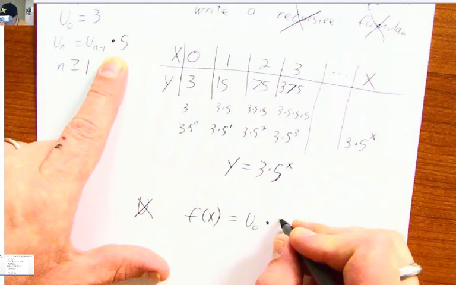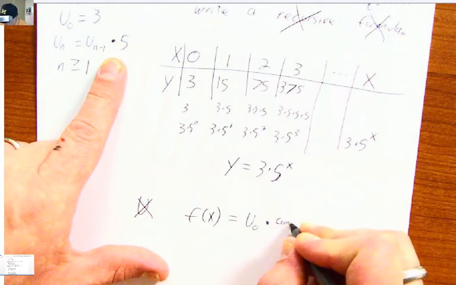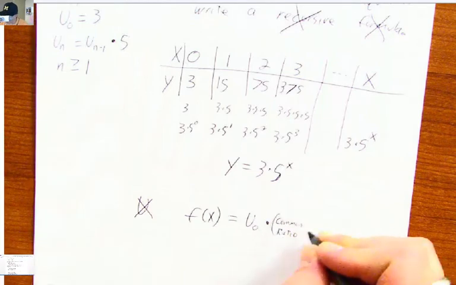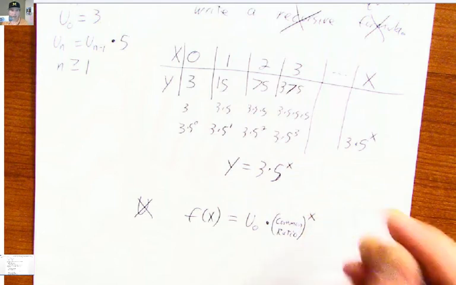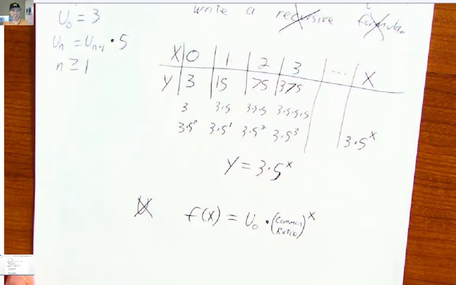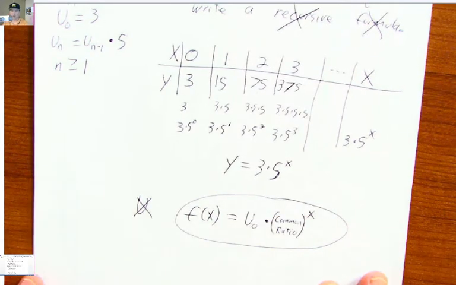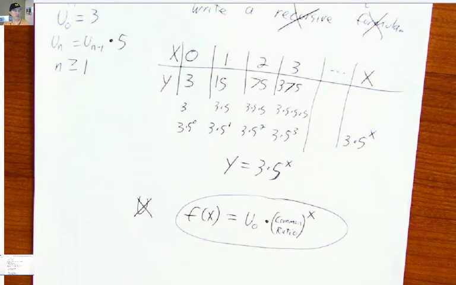Right now I'm just going to write the words common ratio. And that common ratio is being raised to the xth term. This formula will work for all of our exponential equations today. They will get more complicated in the future, but for today, that's enough.